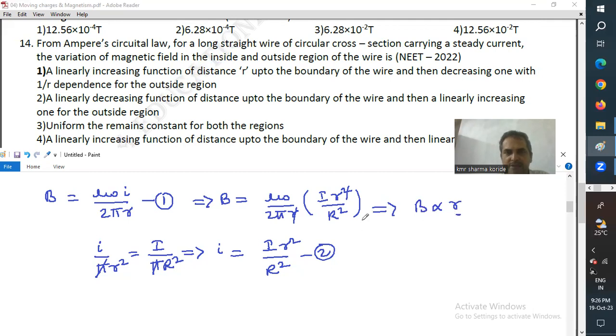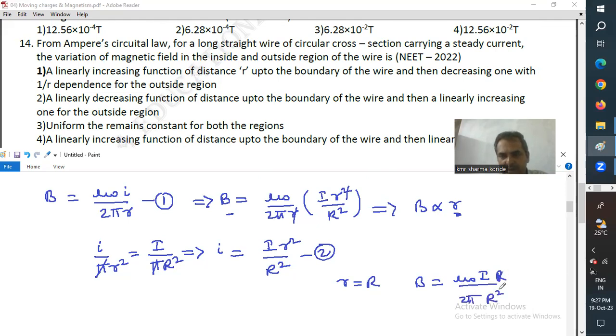So therefore B increases, and B is a function of r up to the boundary. Thereafter what happens? So minimum you can consider if r equal to capital R, which is the radius of the straight wire. So therefore, in this equation, if you substitute, B is equal to mu naught capital I, in place of small r, substitute capital R, divided by 2 pi R square.